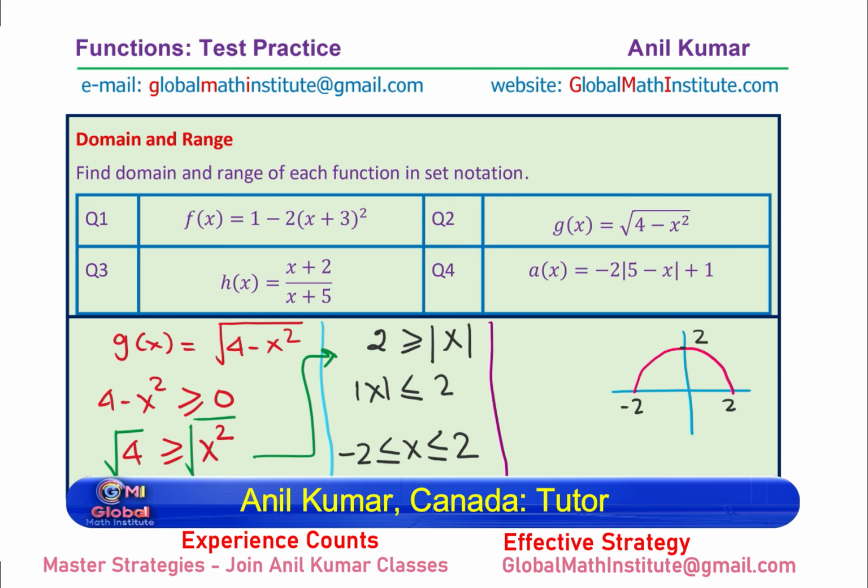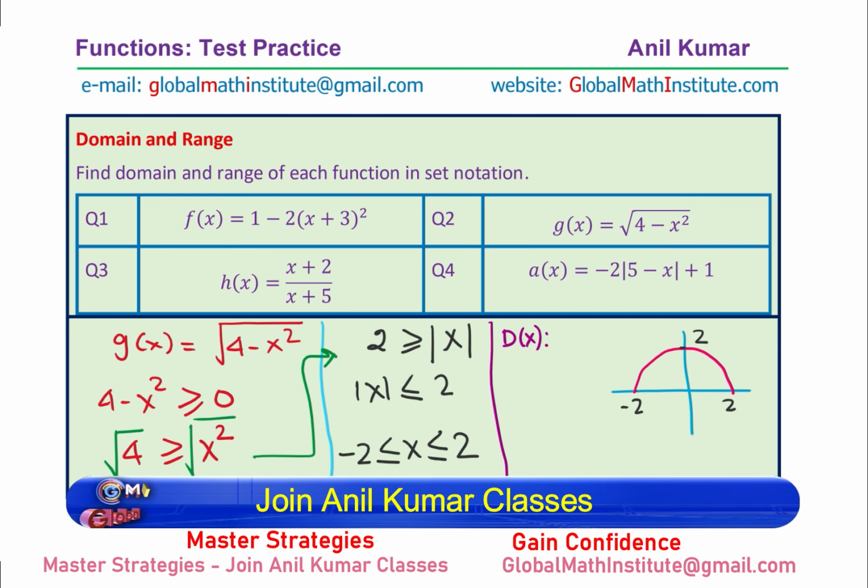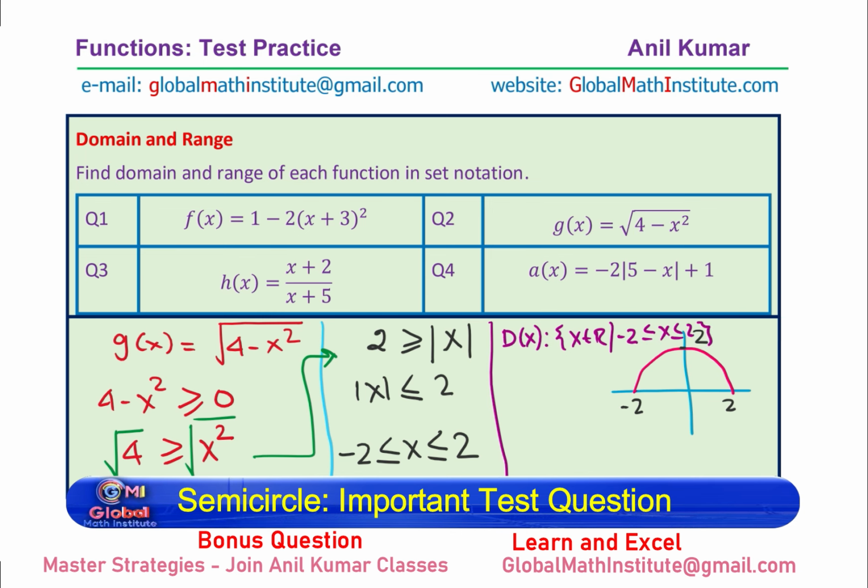So you can now pause the video and write down the domain and range. Perfect. So let's write down the domain, right? So for the domain, we say D of x, the independent variable. x belongs to real numbers, where it is between minus 2 and plus 2, both included, right? You get the idea, right? Okay. Now, how about the range?